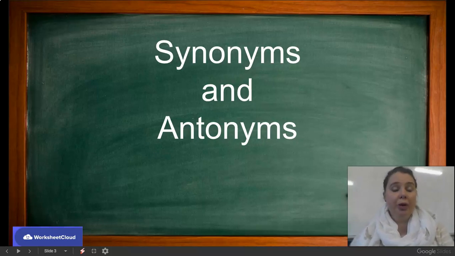Something I just want you to remember: whenever you're asked to give a synonym or an antonym, you must remember that the tense must stay the same and the part of speech must stay the same. So you can't change the synonym and then give a noun form if it was given to you as a verb, right?